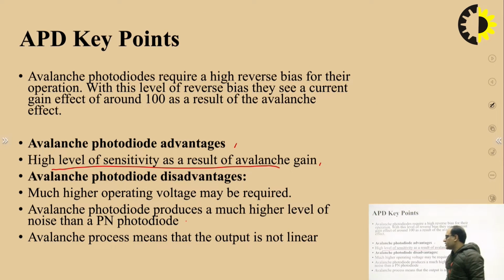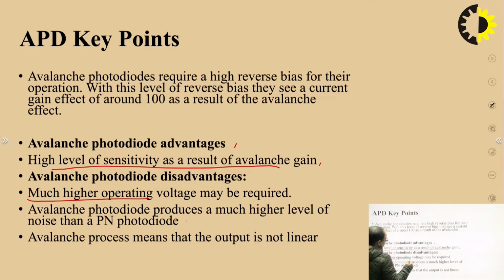And the disadvantage of the APD is that it requires a higher operating voltage, meaning a high reverse bias voltage is required. The avalanche photodiode produces a much higher level of noise as compared to the PIN photodiode. Clear?